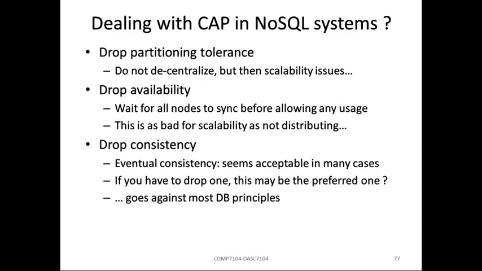And then we may choose to drop consistency, and we may choose to embrace basically weak or eventual consistency, which seems once again acceptable in many web applications. So by choosing one of these options, this leads to different designs of NoSQL systems.